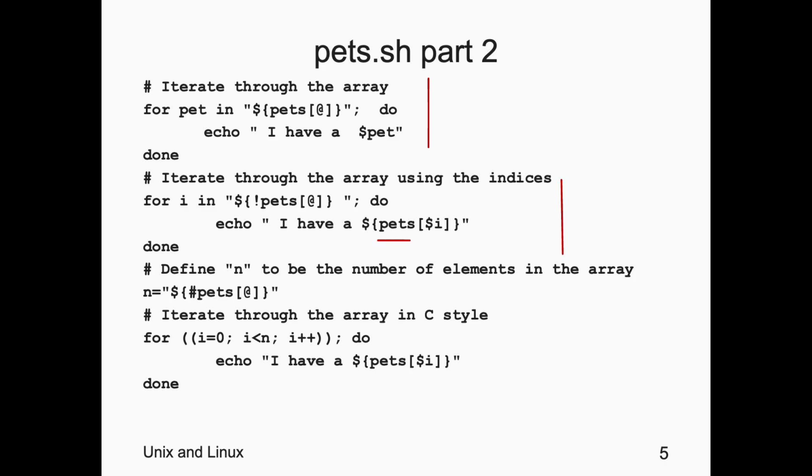So see here, we're looking up the value, and you can see that we're using a for i in pets for those indices. And then finally, we can use this C style loop, which calculates the length of n using this syntax right here. And then you can run the standard C style loop right here.